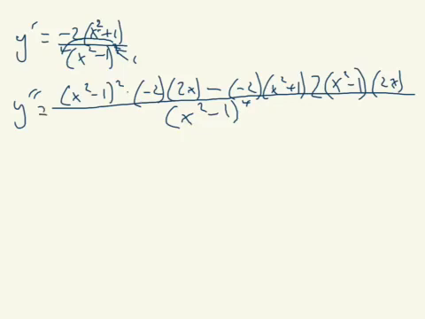Anything we can pull out of this? Hopefully there will be. Of course, x squared minus 1. Let's see, we got 2's. You know, this negative right here, I'm actually happy with. I'm going to let him make that a plus. So I'm not going to pull out negative 2, but I could pull out 4x, right?